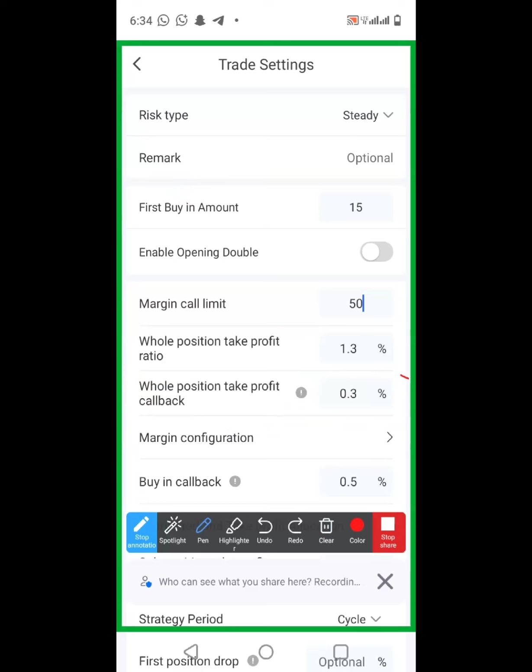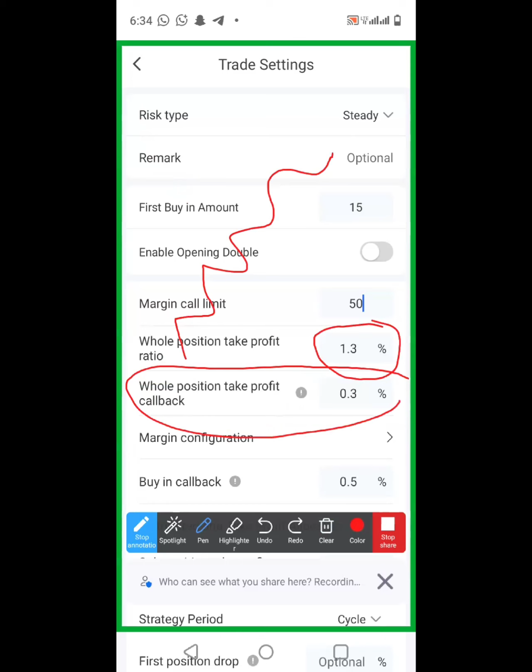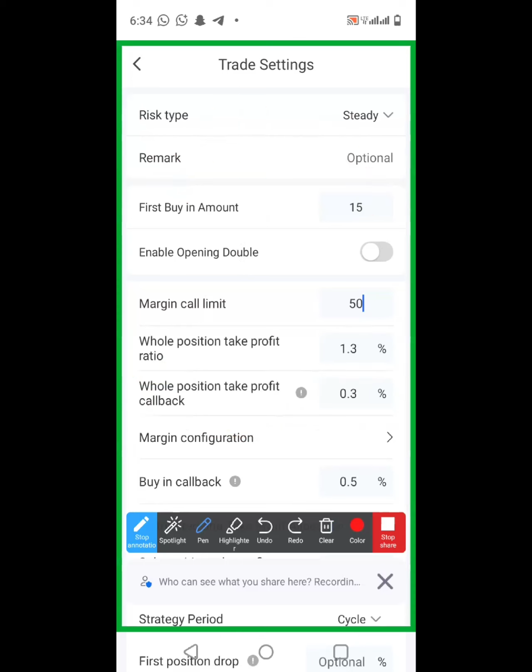So what we are trying to say is that when the market rebounds and starts coming up, you have already set your robot to take 1.3% for you. And peradventure the market now drops, you are saying to your robot that if the market should drop by 0.3%, please help me to take my 1.3%.